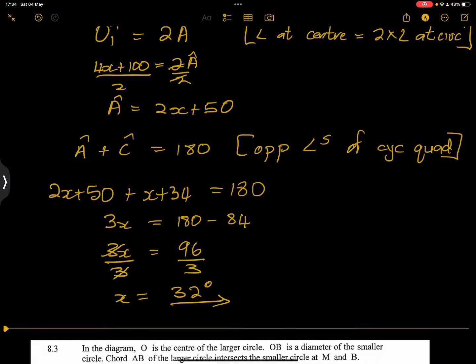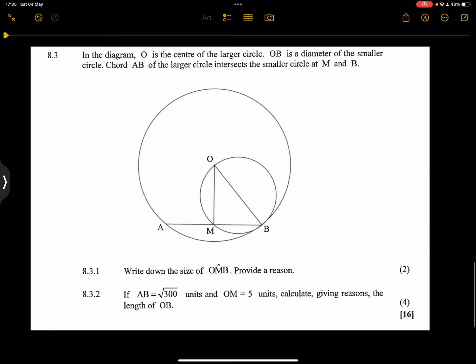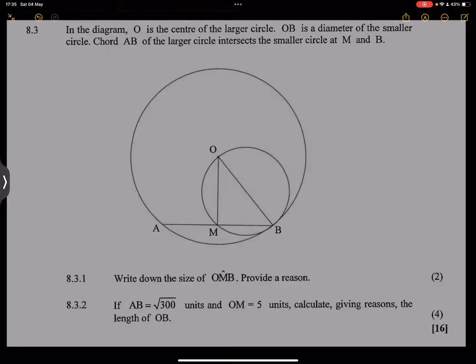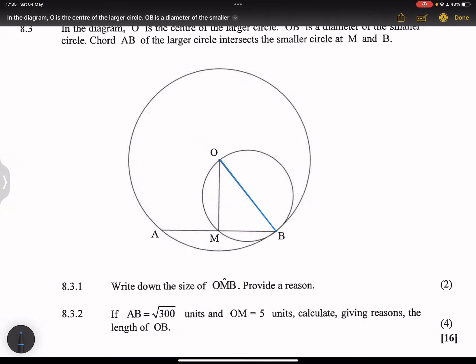All right. Awesome stuff. Let's go to the next one quickly. So they say in the diagram, we've got O, which is the center of the larger circle, and OB, which is the diameter of the smaller circle. Right, so we've got that guy being OB, the diameter. So already that tells me something, that this has to be 90 degrees. So remember, we are using the angle at semicircle, so OMB will be equal to 90.